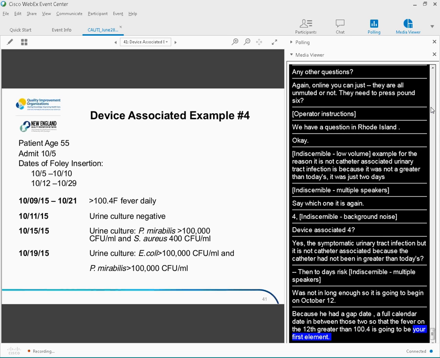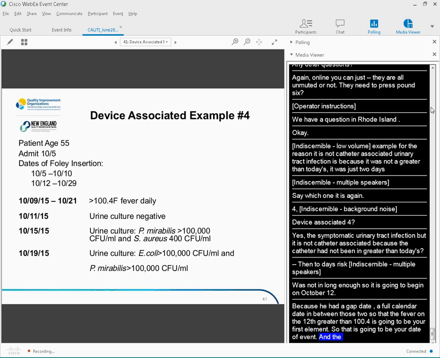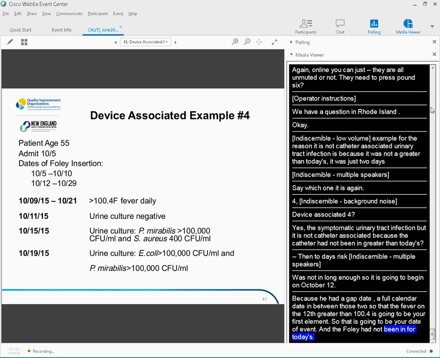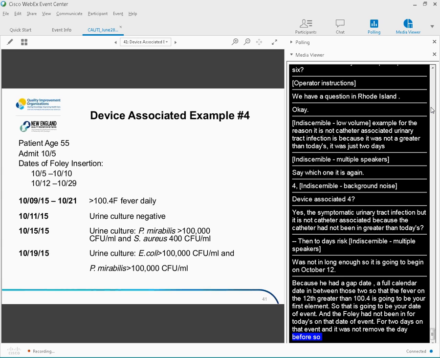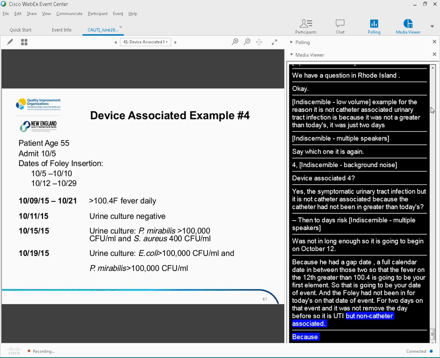And the Foley hadn't been in for 2 days on that date of event, and it wasn't removed the day before. So it's a UTI, but it's a non-catheter associated, because the second time it hadn't been in for greater than 2 days. Right, the second time. Exactly. Okay.